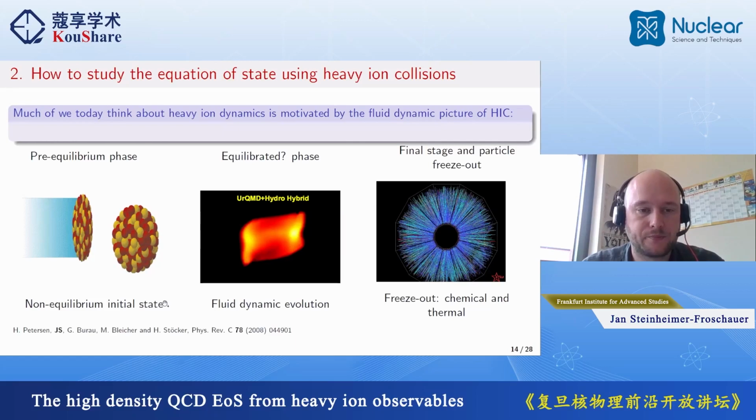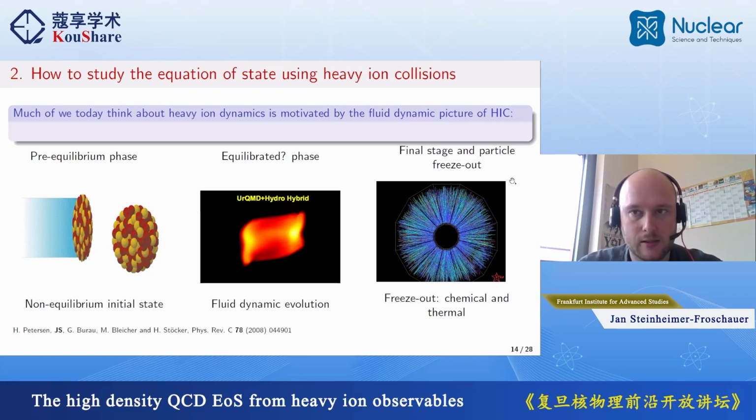And after a short time, the energy density and momentum density and asymmetries and all the distributions that you generate from this initial state are put into some hydrodynamic or viscous fluid dynamic model. And then this evolves until a point when you say, okay, at this point, stuff is not in local equilibrium anymore, and therefore we have to do something else. So you go to the final freeze-out stage, which is, again, usually done by some transport model, and then stuff can be measured in the detector.